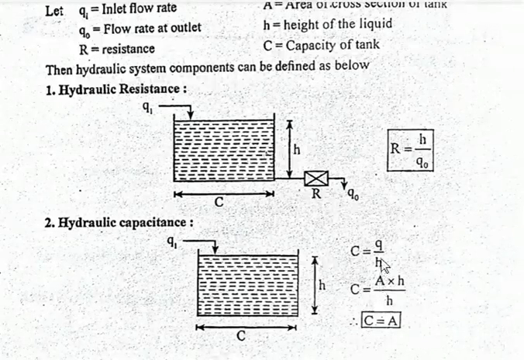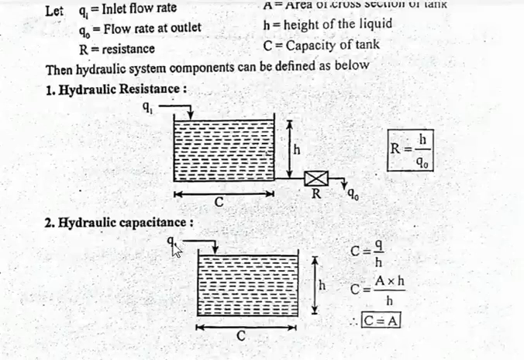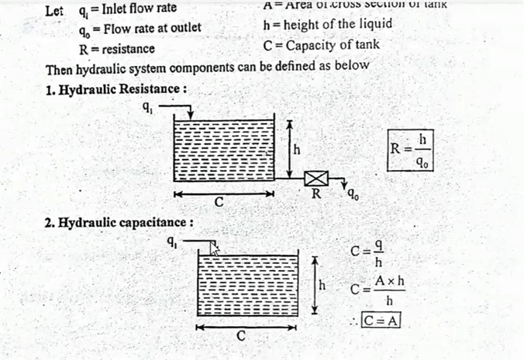We can write q, the inlet flow rate, as area into height. We know that q is equal to A into v.